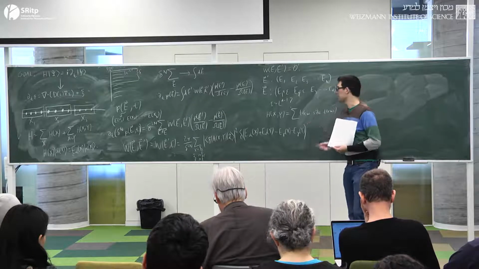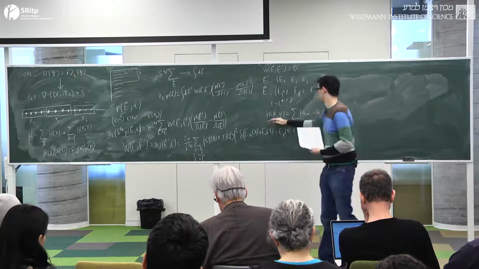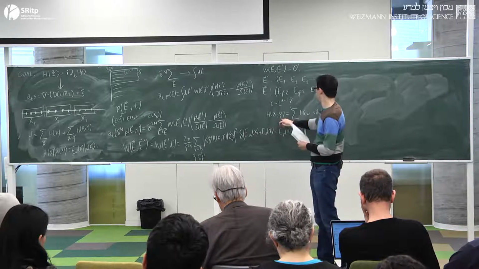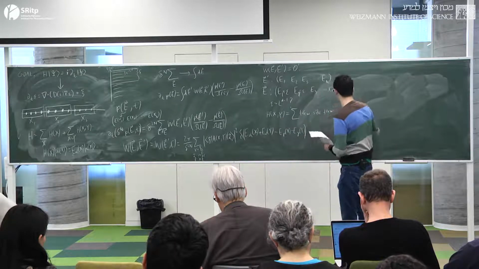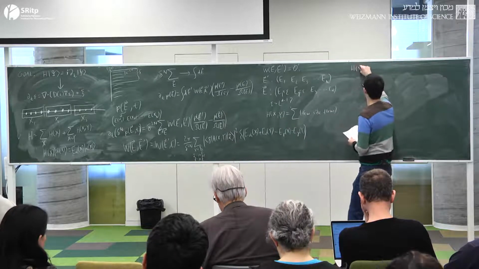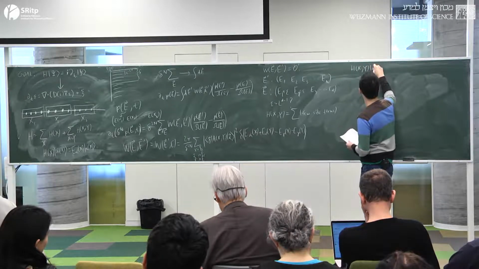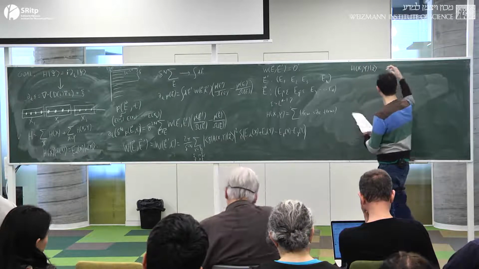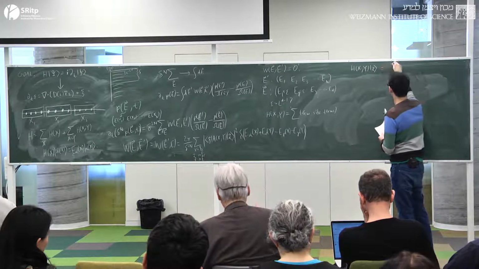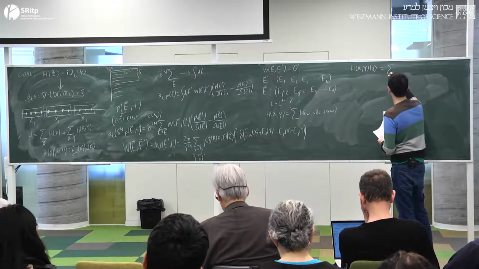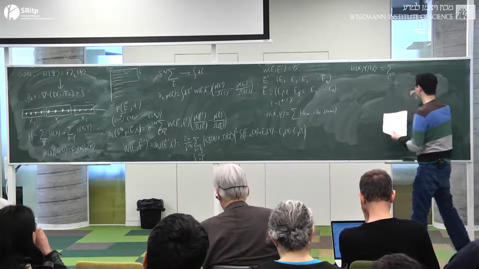Okay? And so now you can ask what happens when I act with h of x and y on a state alpha. Essentially, h of x and y acting on alpha will give you a sum of L to the d minus 1 terms.